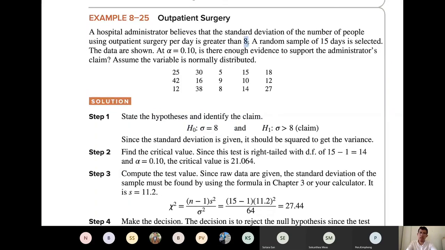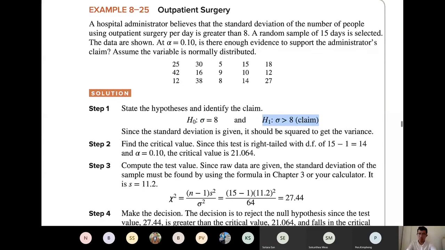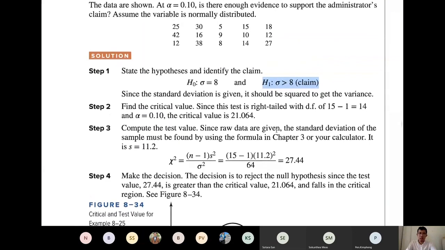It compares with 8, the certain value of standard deviation, and because the claim is that it's greater than, this is the claim of the administrator. So in this case, the claim of the administrator is the alternative hypothesis. Since the standard deviation is given, it should be squared to get the variance.